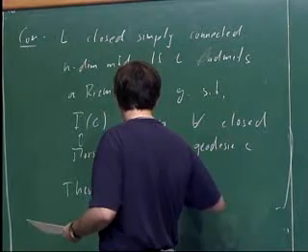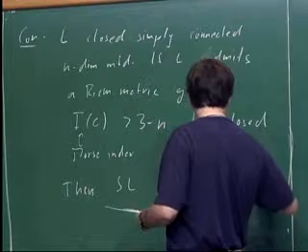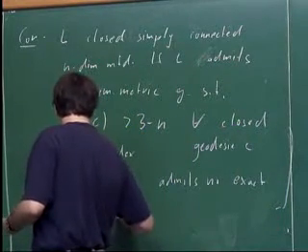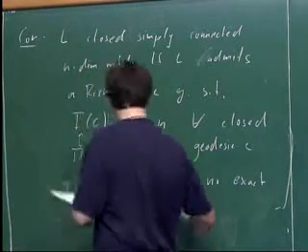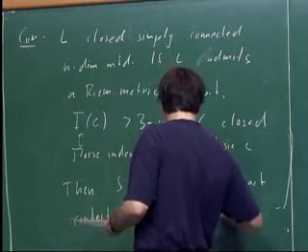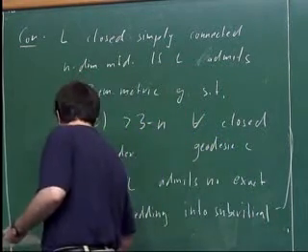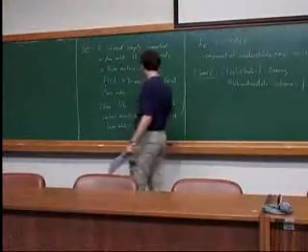admits no exact contact embedding into a subcritical Stein manifold. Why is that?